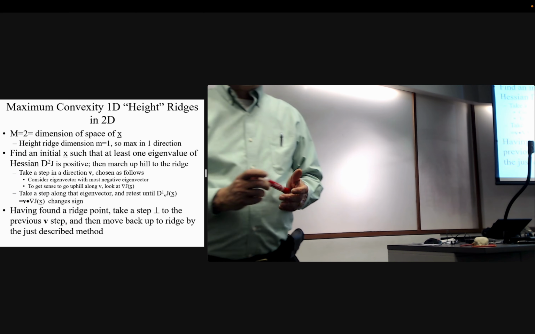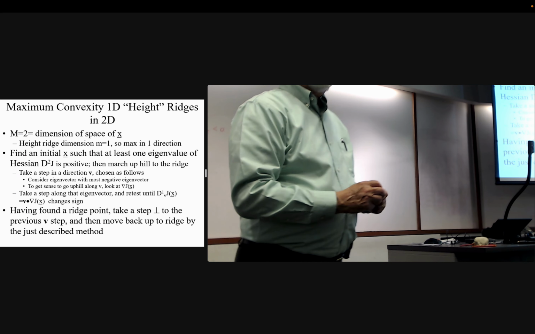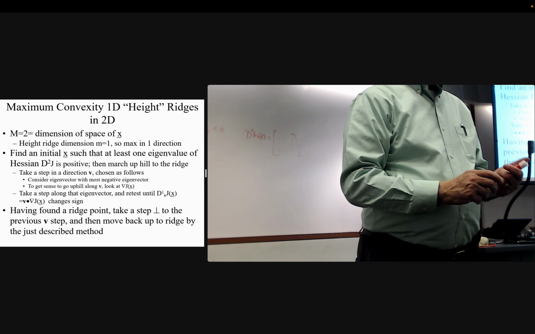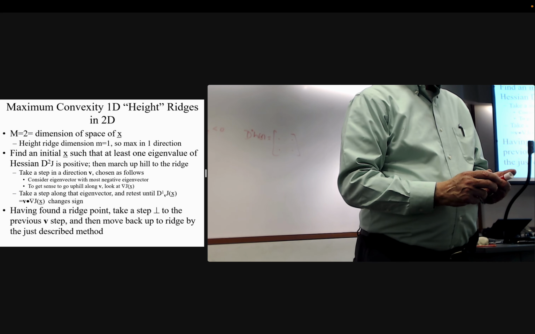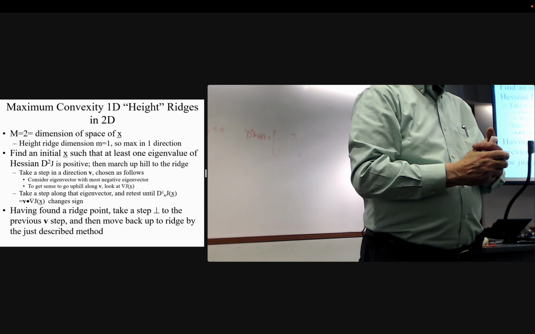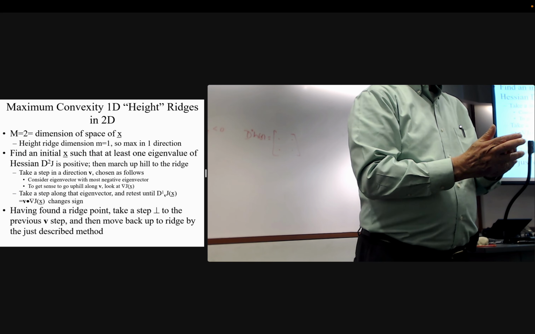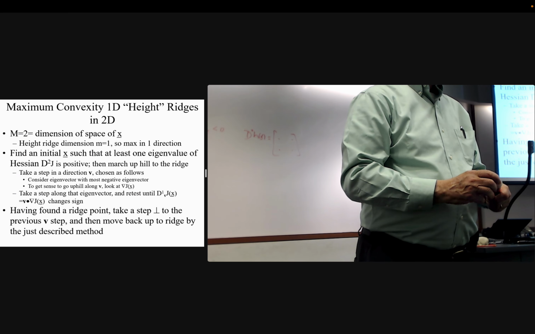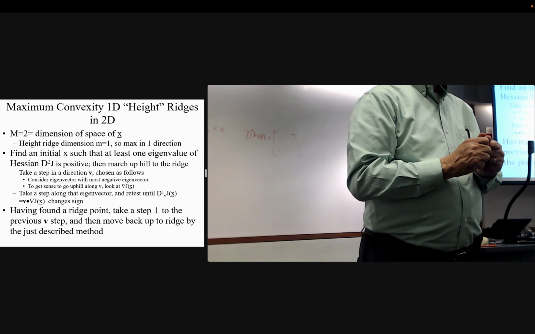Strictly, we don't march in the gradient of h direction, because when we get near the ridge, we're going to turn away from the ridge because it becomes 0. What we're going to march up instead is in the eigenvector direction v.